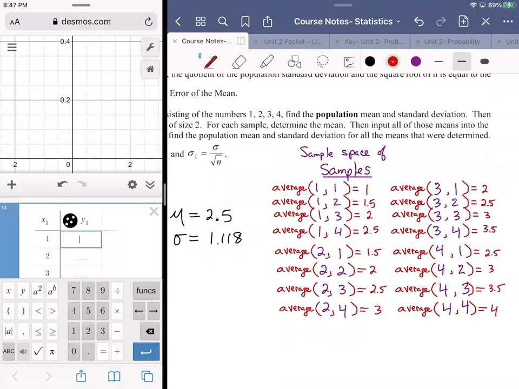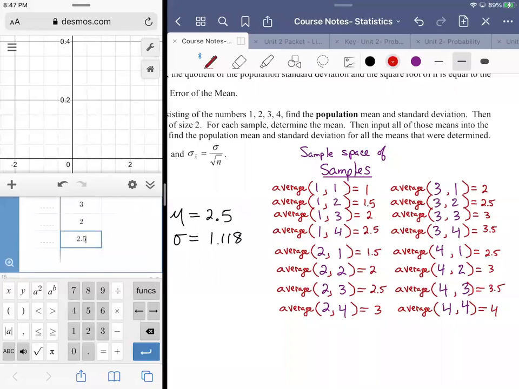So in my list Y1 here I'm just going to type all these values. That kind of sucks, but I'm going to do it anyway. I always remind myself there was a time where you weren't typing this stuff in.